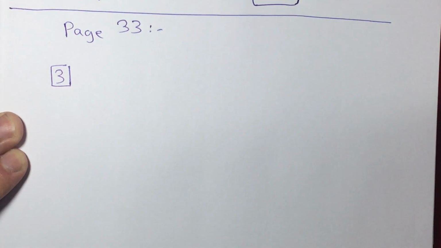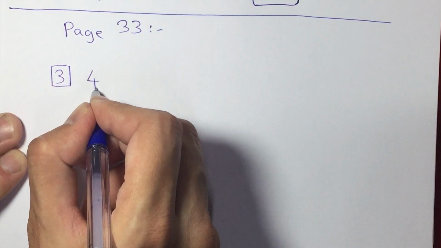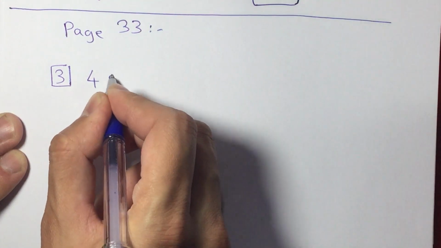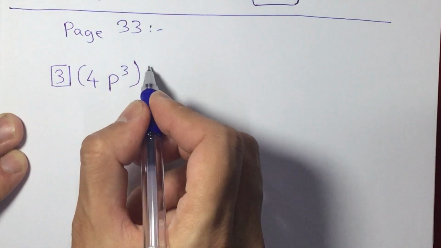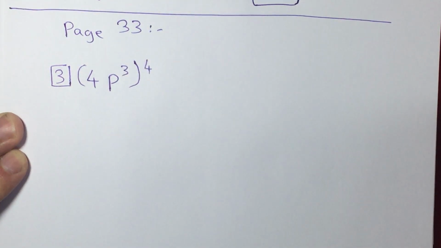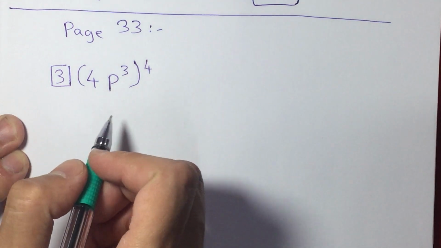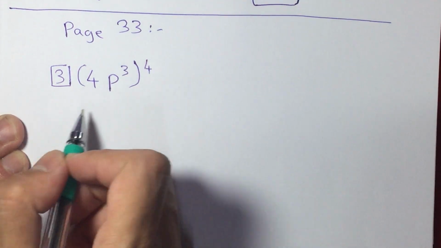It asks us to calculate 4 times p to the third, and all this expression is to the 4th power. How can we solve this? What do we do in this case? Exactly. How many factors do we have between the parentheses?